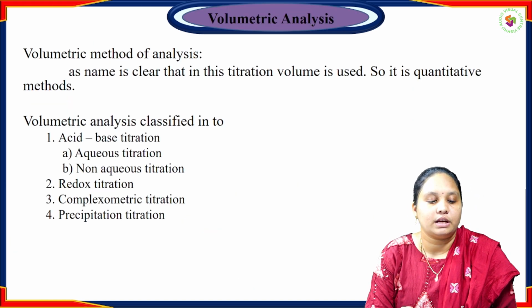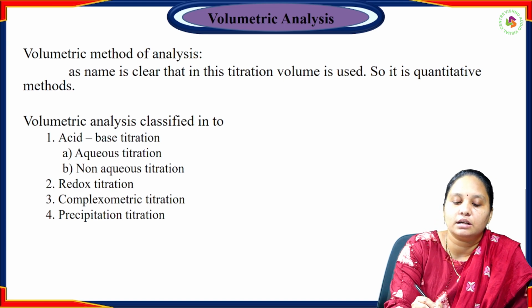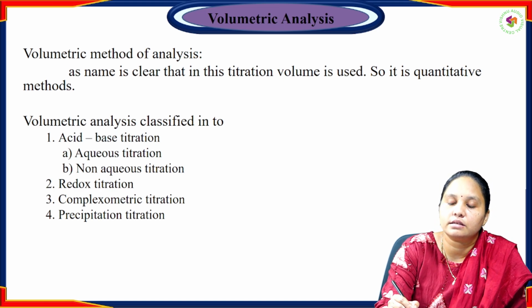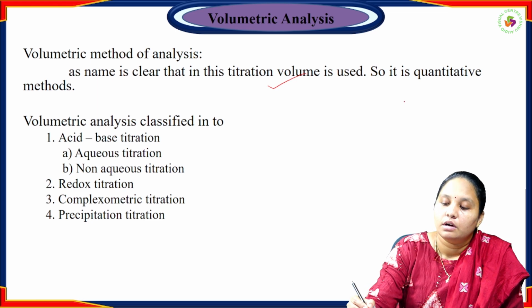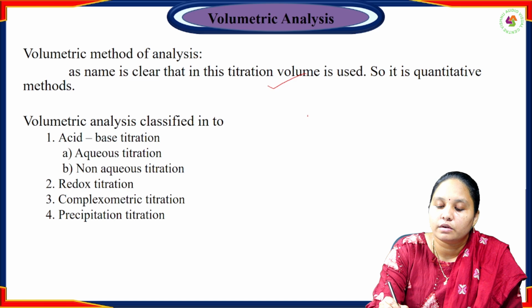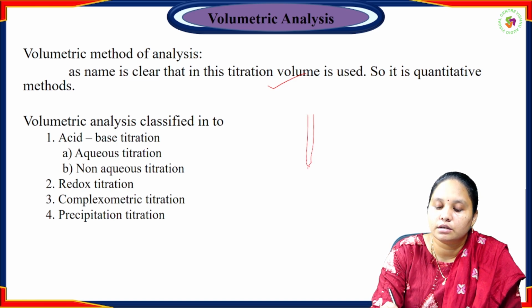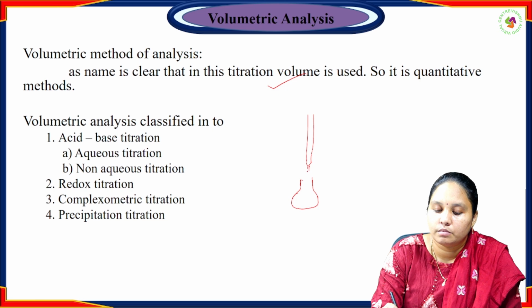Coming to volumetric analysis, as the name suggests, titration volume is used. So it is a quantitative method. Titration volume is used, meaning how much volume is required to neutralize the sample.